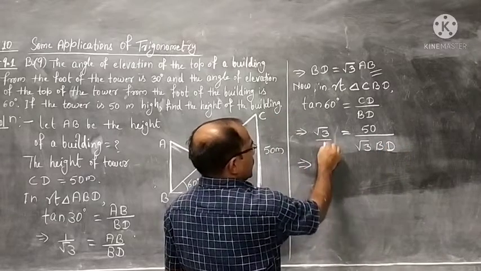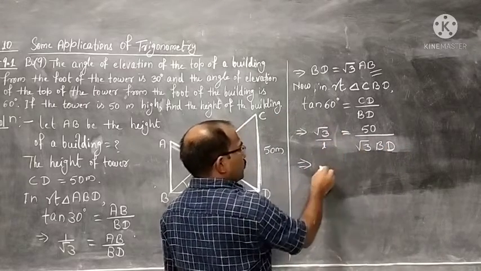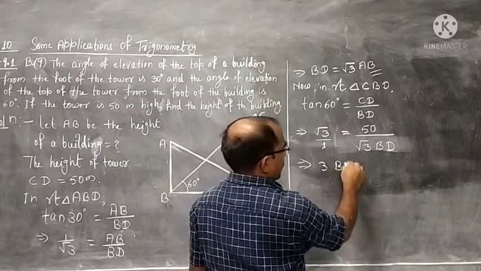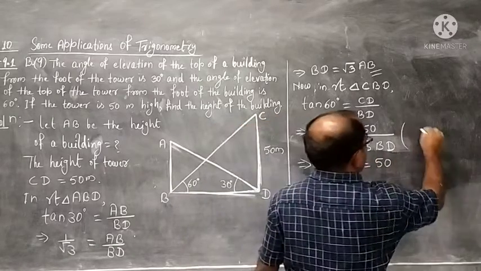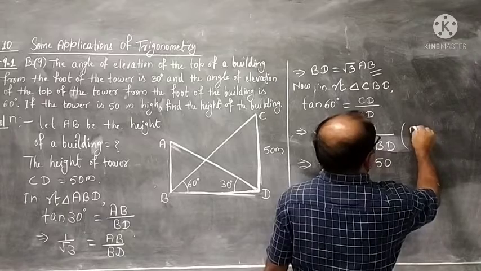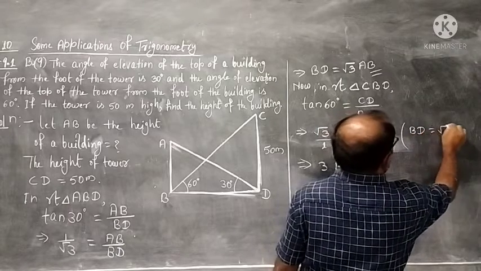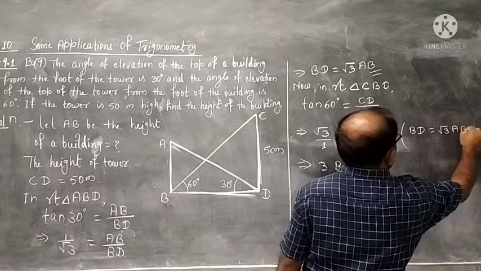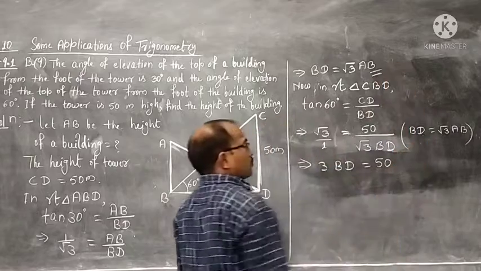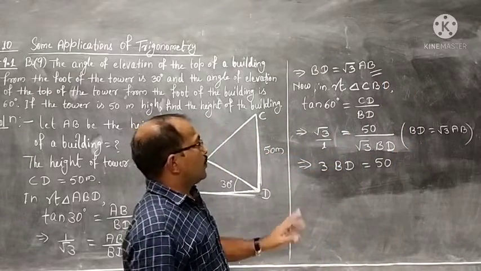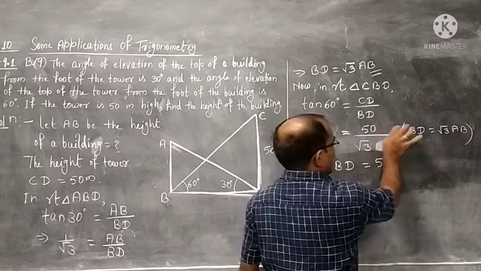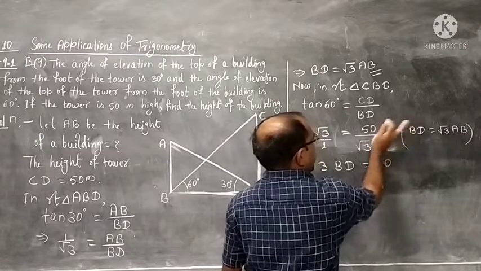Let us do now cross multiplication. Root 3 into root 3, 3 BD is equal to 50. Here we can mention BD is equal to root 3 AB, which we have already got. So we are using BD equal to root 3 AB, sorry, it is AB.